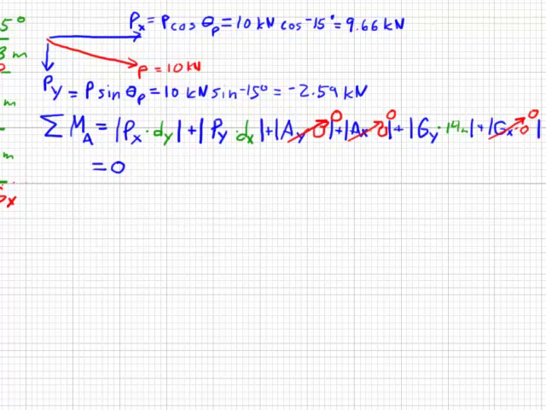Let's write this again and simplify things and plug these numbers in. Px is 9.66 kilonewtons. And its distance, y, is 15 meters, 3 plus 6 plus 6. P in the y direction is negative 2.59 kilonewtons.